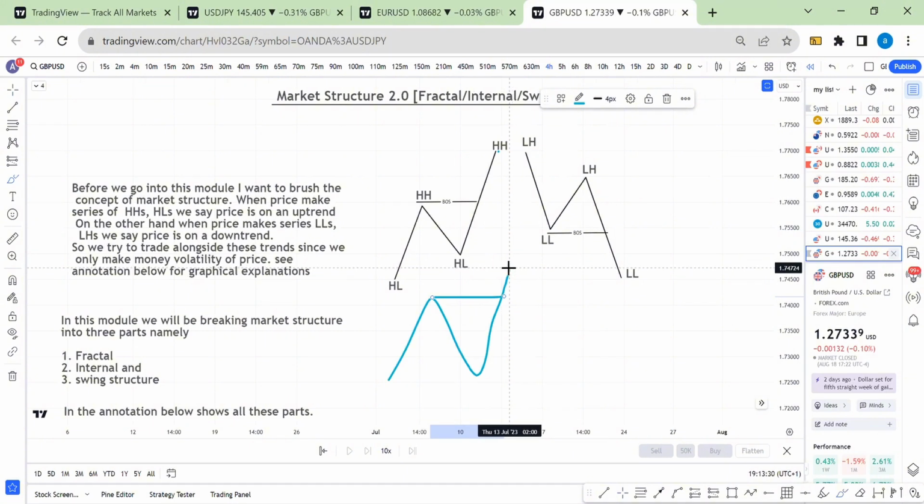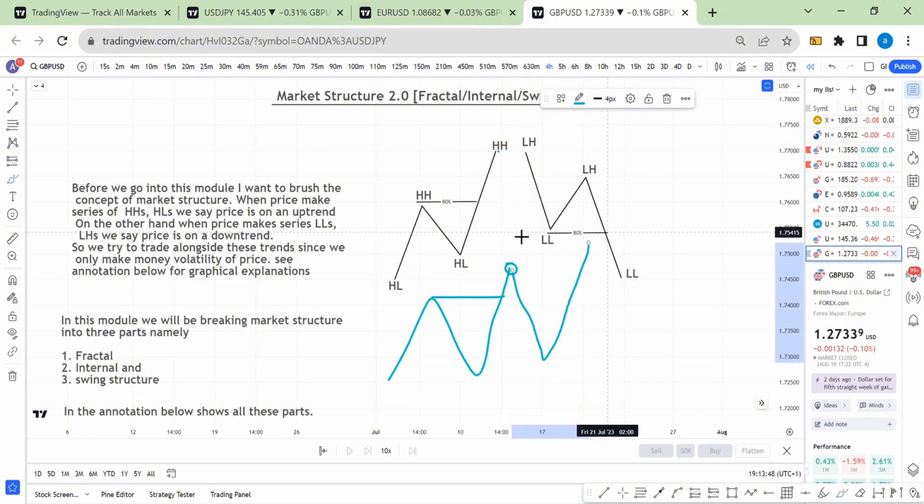Now, the process of price moving from this last higher high down into the discount of that range, then moving back up to break that higher high and create a new high. This is what we are now breaking into three parts: the point at which price comes back down, then reverses and takes the previous high to create a new higher high.